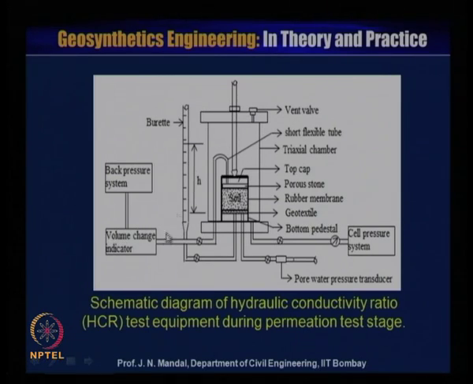This is the burette, this is the vent valve, this is the short flexible tube, and this is the triaxial chamber, this is the top cap, and this is the cell pressure system and the pore water pressure transducer. So, with this equipment you can measure.